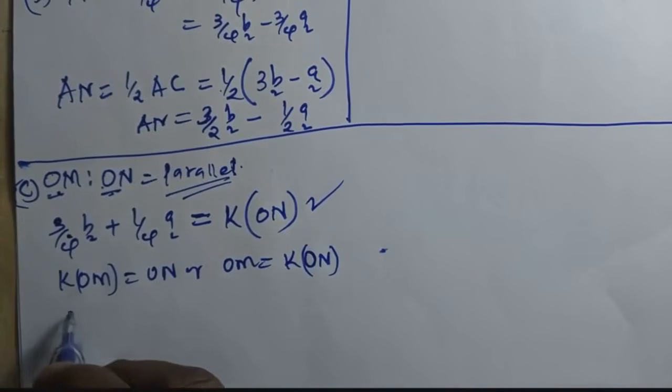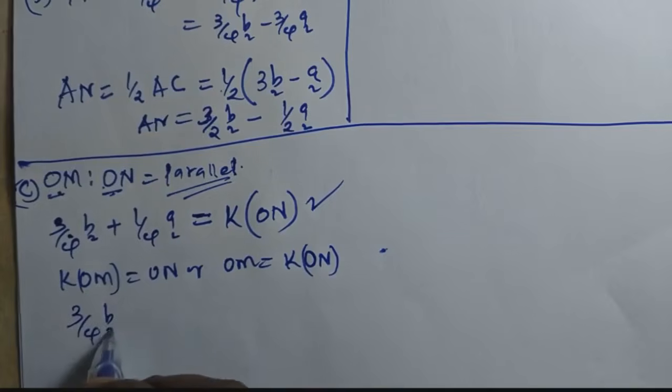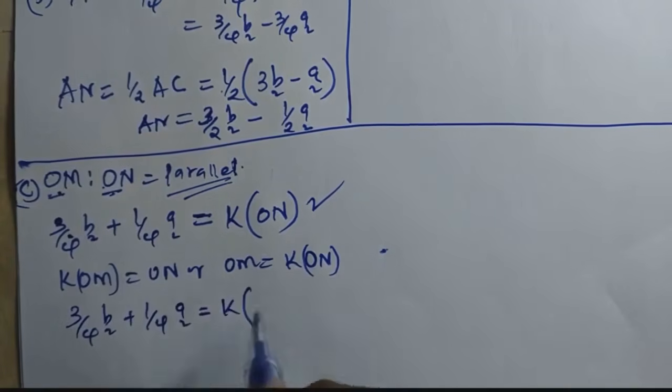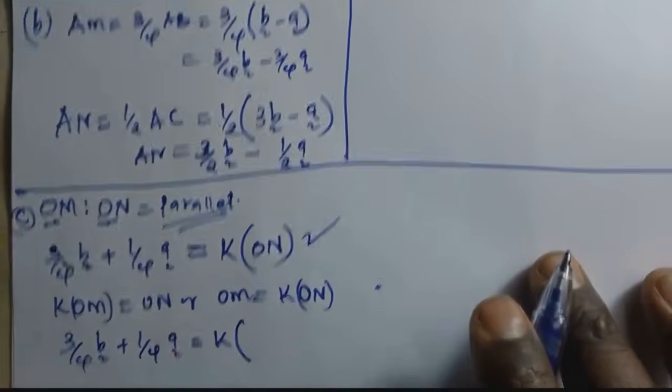So 3 over 4 vector B plus 1 over 4 vector A is equal to k ON. Our ON is here. You write it.